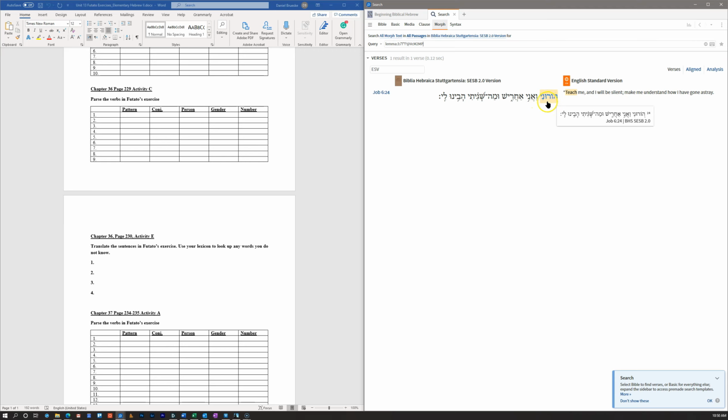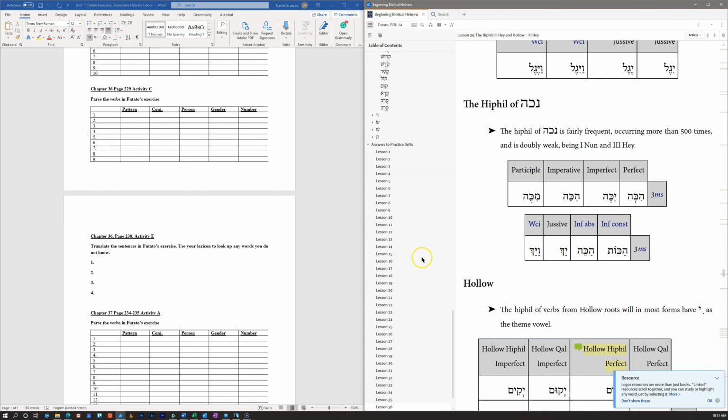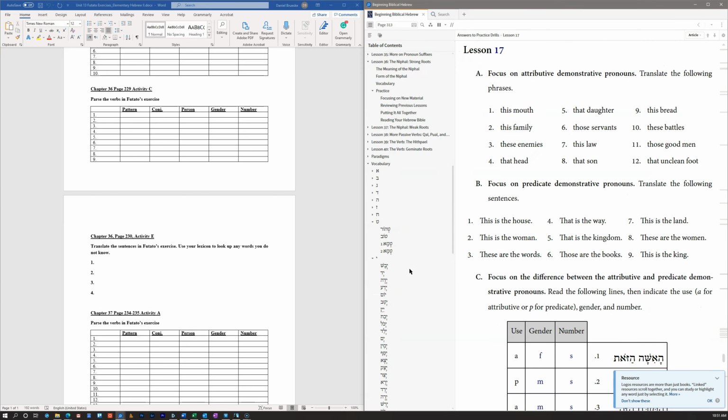All right, so the weird thing here is I think this is a paragogic noon, and we've got this connecting vowel shurik. So either way, it would be hypothetical forms, but let's go back to our example.